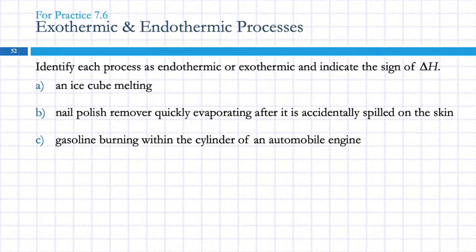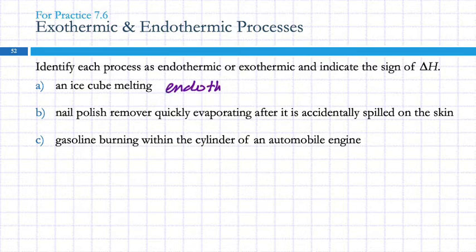So let's think about what would make the ice cube melt faster? If we heated it or if we made it colder? If we heated it, right? So that would be putting energy into it. Oh, so endothermic. Okay. Yeah. So this one's endothermic.